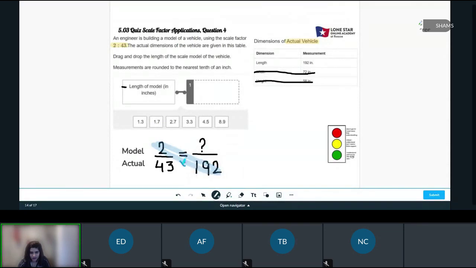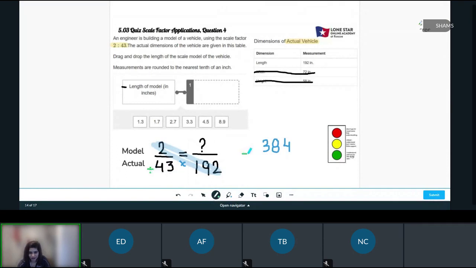How much do you guys get? 2 times 192. Let's see. Nina says 384. Yes, 384. Then divided by 43. 8.9.